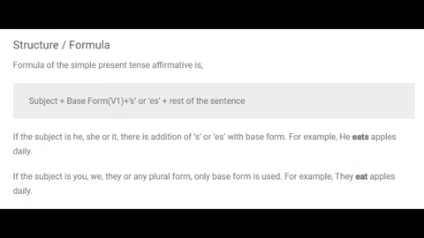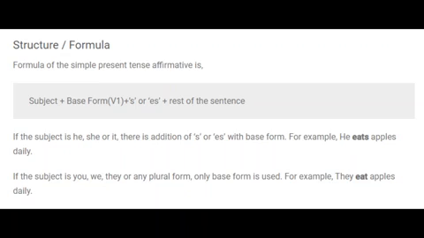Now with the verb eat, why has s been added? S has been added because he is third person. He, she, it are all third person. And whenever in simple present tense we use third person, we use s with the verb. That's why he eats apples daily.